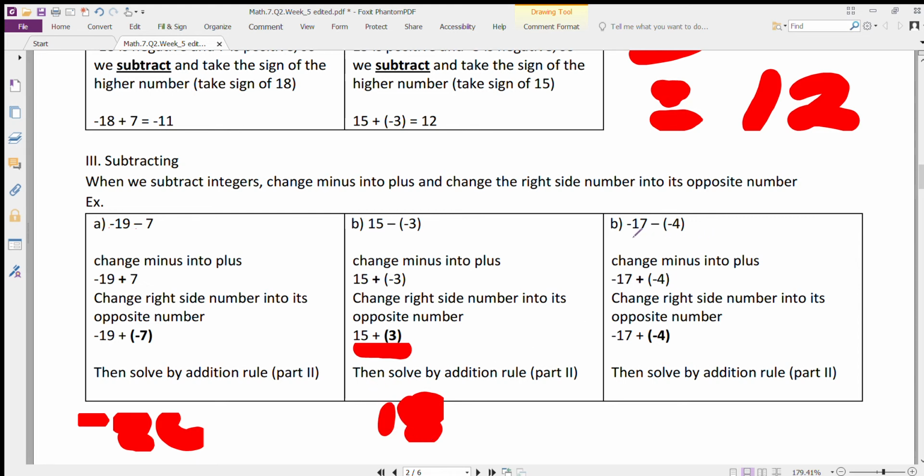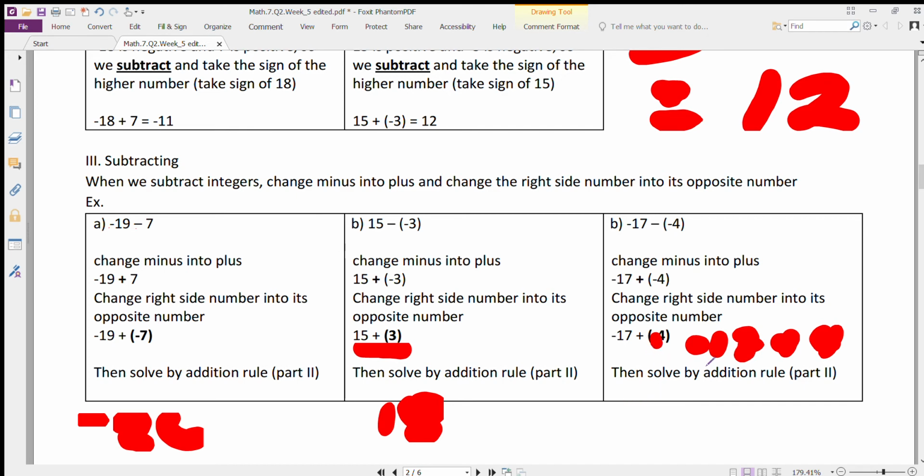And then last but not the least, we have negative 17 minus negative 4. First thing first, change minus here into plus, and then negative 4 becomes positive 4. So now we have negative 17 plus 4. That's negative 17 plus 4, not negative 7 minus 4.